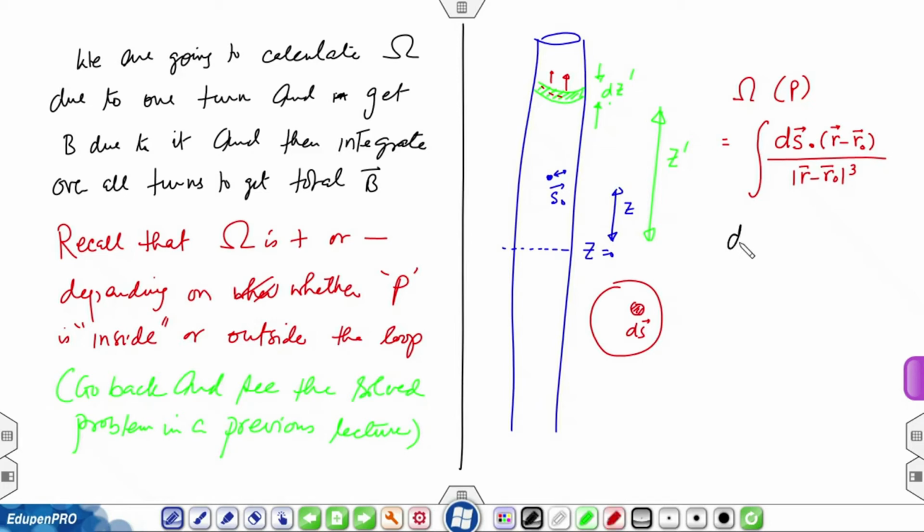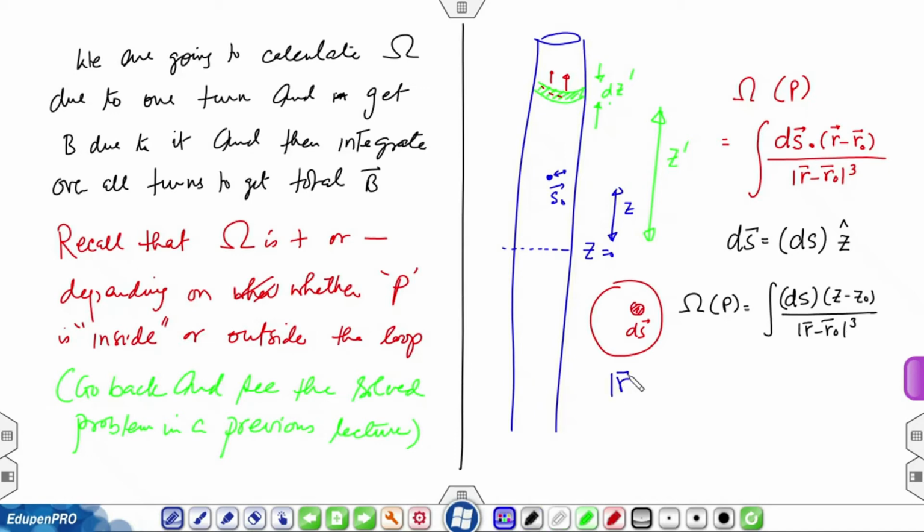Since ds is in the z direction and I am using cylindrical coordinates, I can write this as some magnitude ds in the z direction, and therefore, omega at point P is going to be the integral of ds, whatever the area is, times z minus z 0 divided by mod r minus r naught cubed, where mod r minus r naught cubed is nothing but S minus S 0 squared plus Z minus Z 0 squared, raised to 3 by 2, where S and S 0 are the vectors for the area element and this point.